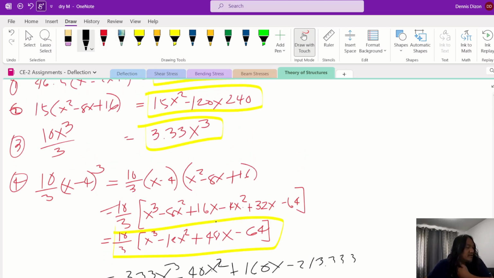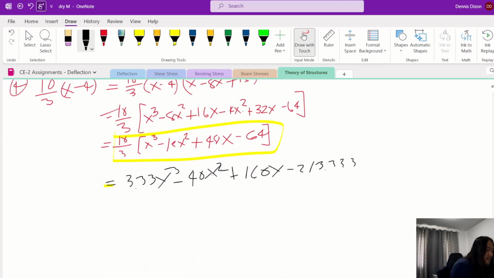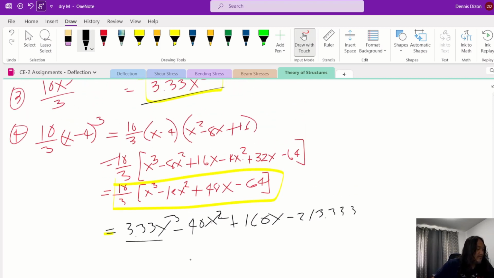So if we add all of this, we have 3.33x cubed and another 3.33x cubed. So that would give us y equal to 6.667x cubed.